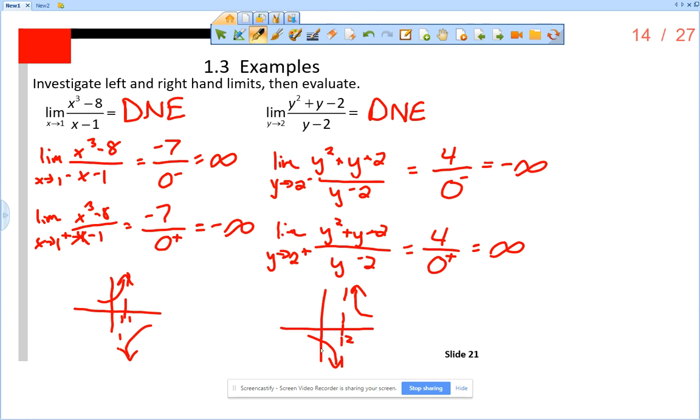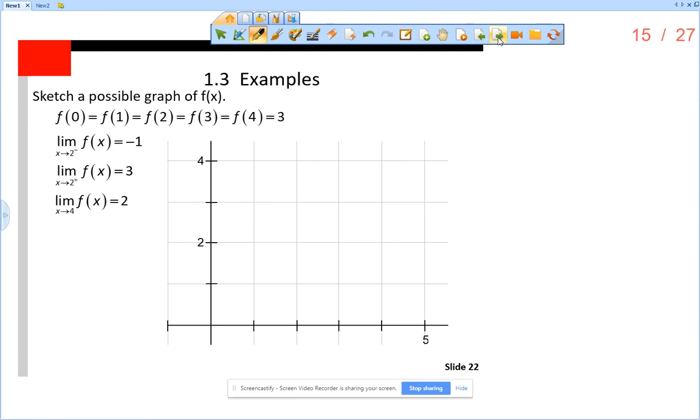All right, so on to slide number 22. Now we want to make sure that we can go the other way. Once we're told certain information, can we draw a picture that would resemble it? First of all, we are told f of 0 equals f of 1, which equals f of 2, f of 3, f of 4, which equals 3.